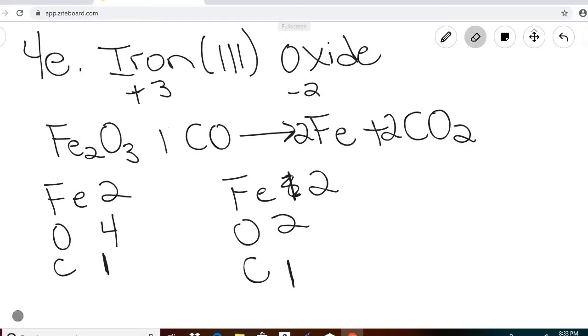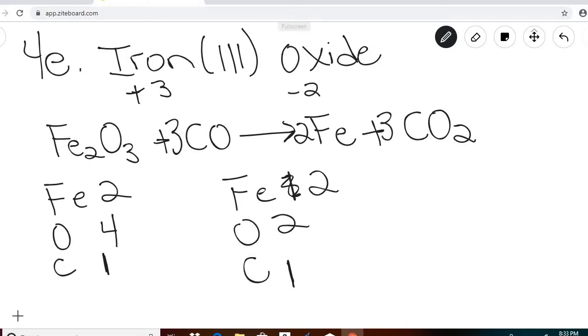So let's try 3 carbon monoxides and 3 carbon dioxides.